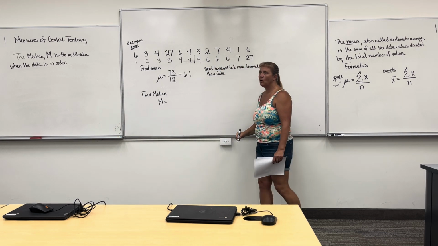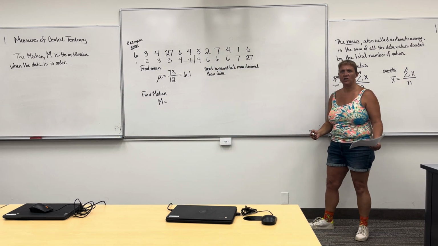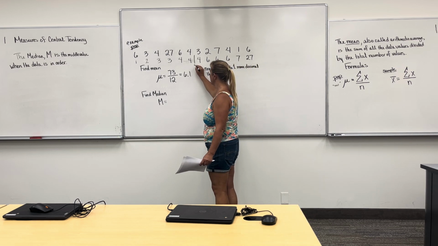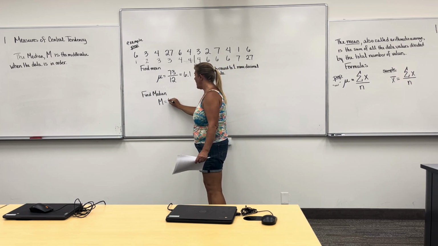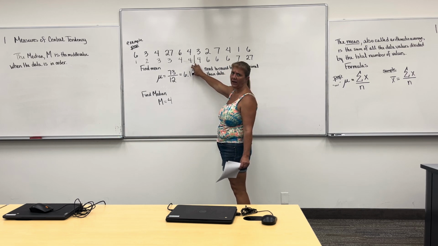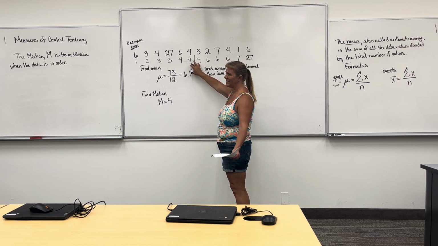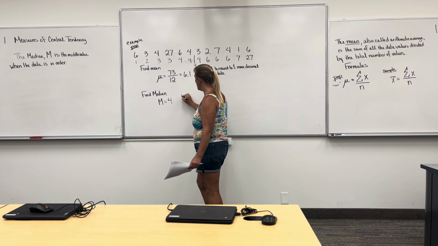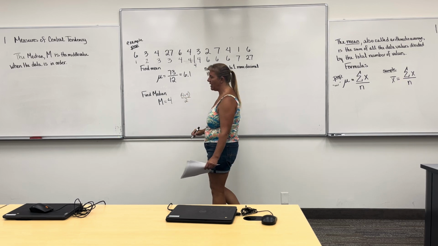So what we need to know is what number falls in between 4 and 4, and that's just going to be still 4. And if ever you're doing this and you can't quite tell what number falls in the middle, like let's say the numbers are decimals or just really ugly numbers, you can always take the 2 on either side. So we take 4 plus 4, add them together, and divide by 2.